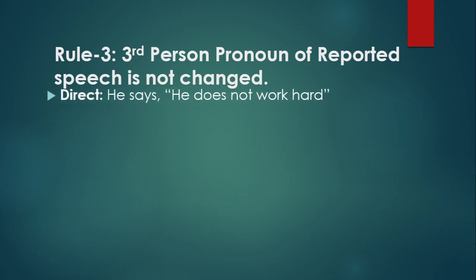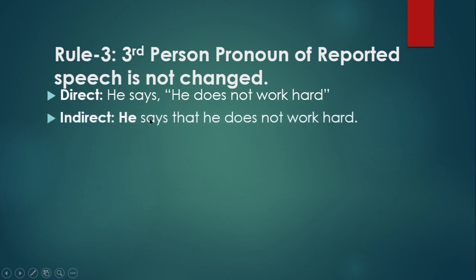You see, he says, he does not work hard. Okay, he says. So we don't have an object here. So we should not change this he as we have third person here. So he says that he does not work hard.